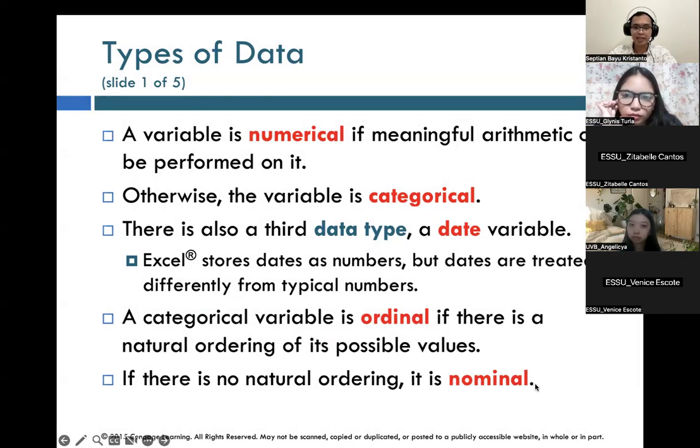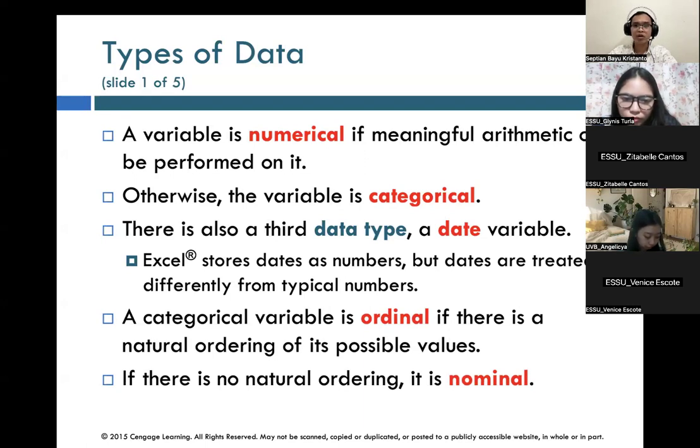If you have data with a natural order or ordering of the possible values, we name it ordinal value. For example, if you have the levels of a questionnaire, like number one is disagree and number five is fully agree, that is ordinal data. But if you don't have a natural ordering, we call it nominal or binomial.